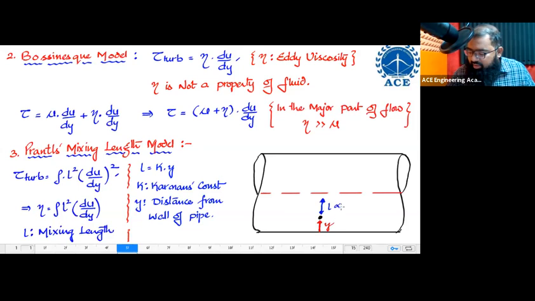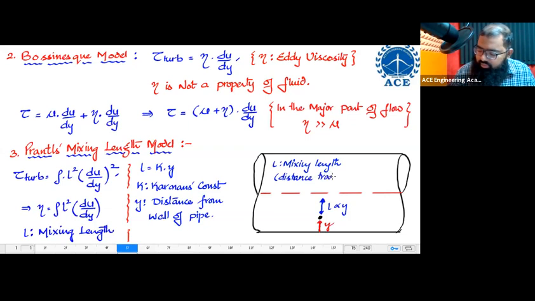This mixing length is proportional to y. So L over here, which is mixing length, is basically the distance traveled in order to intermix.